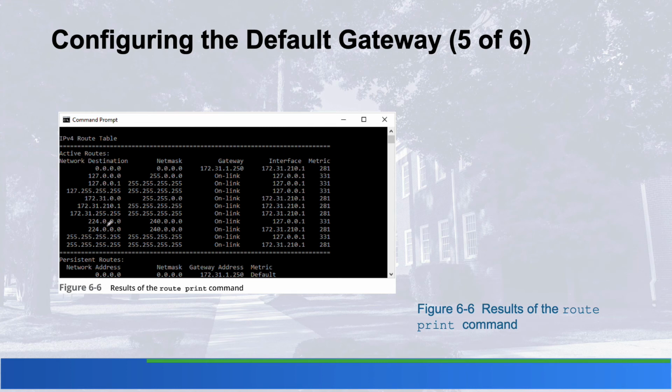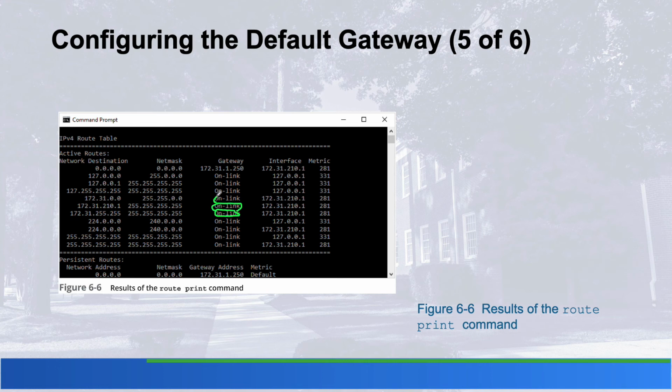It's going to look and see, is the destination network 172.31.255.250, does it match that network and net mask? If it does, then it's going to dump the packet out onto the same network. Anything where it says on link means that I'm not going to send it to the router. I'm just going to dump it right onto the network.